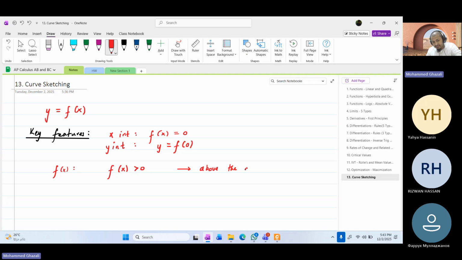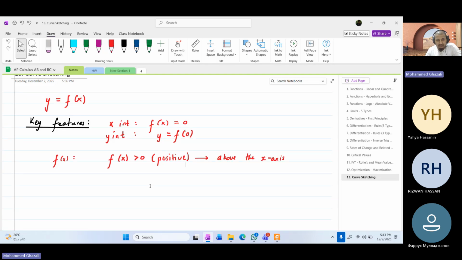Above the x-axis is a very important key feature in pre-calculus. So f of x greater than 0 means the function is positive.